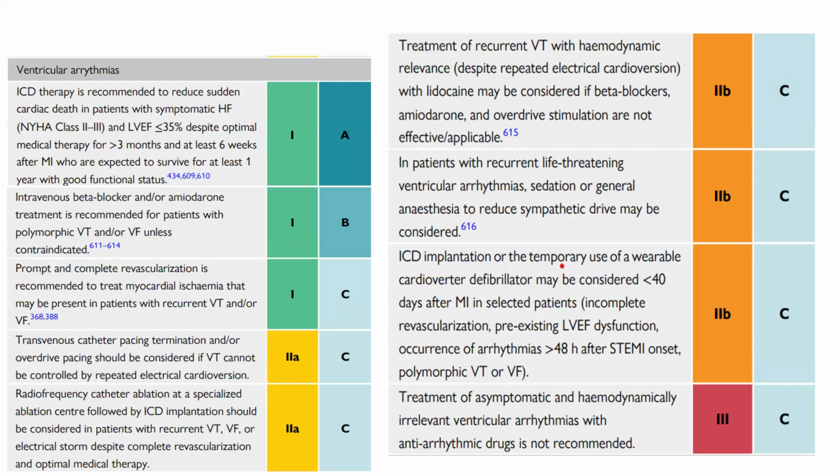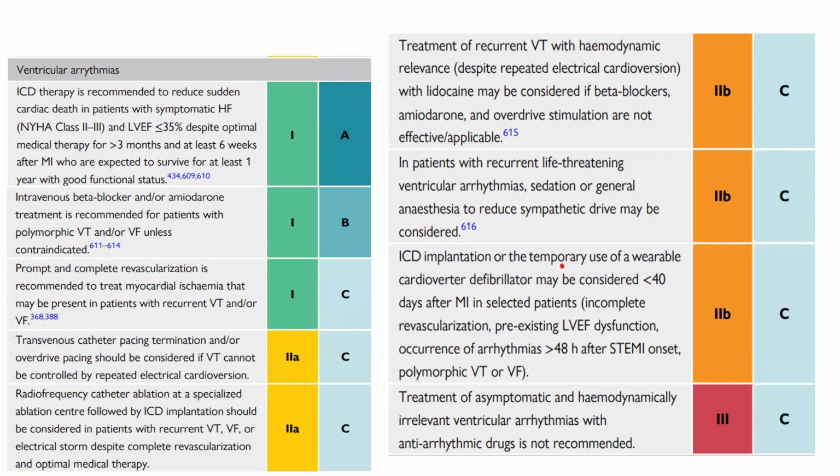Intravenous beta blocker and or amiodarone treatment is recommended for patients with polymorphic VT and or VF unless contraindicated. Prompt and complete revascularization is recommended to treat myocardial ischemia that may be present in patients with recurrent VT or VF.